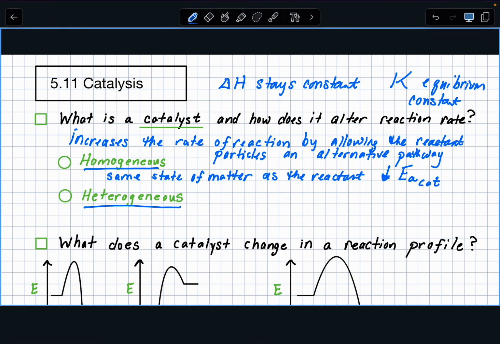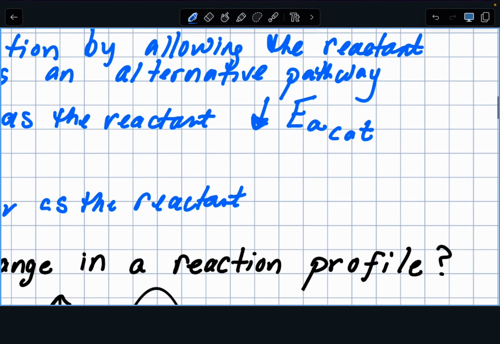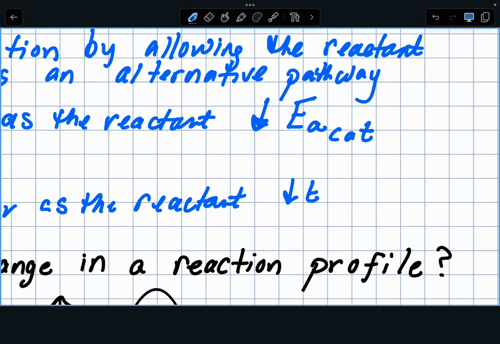The heterogeneous catalyst is a different state of matter as the reactants, okay? But the other thing about a heterogeneous catalyst is that it may affect 2 different things, or one or both. It's always going to give you a lower activation energy, called an Ea cat.